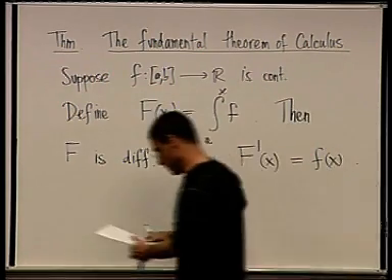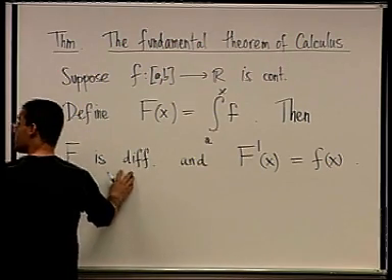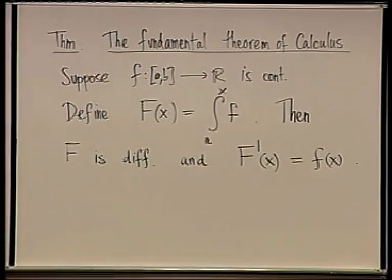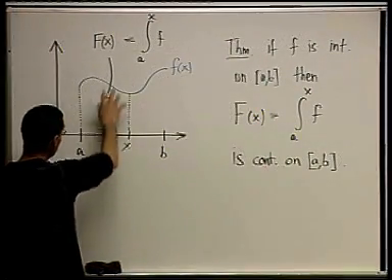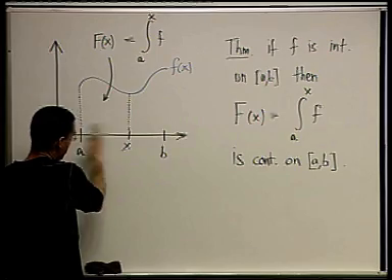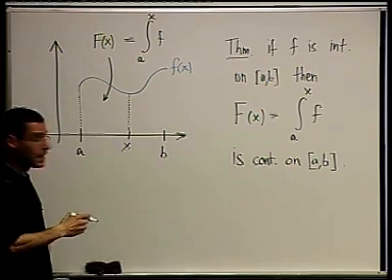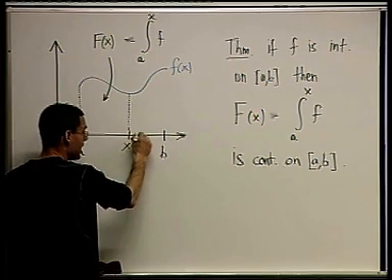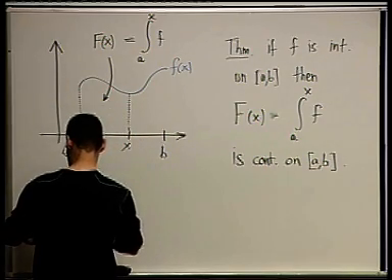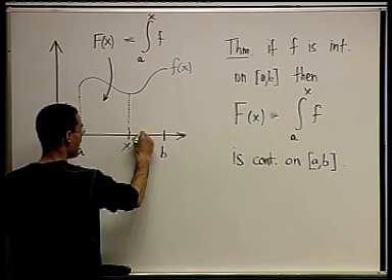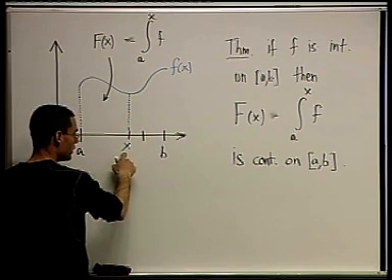Okay, so first of all, the intuition for this thing. So let's go back to the drawing we had here. Okay? So remember, F of x is the area from a to x. It's this thing. Let's look here. This is x.